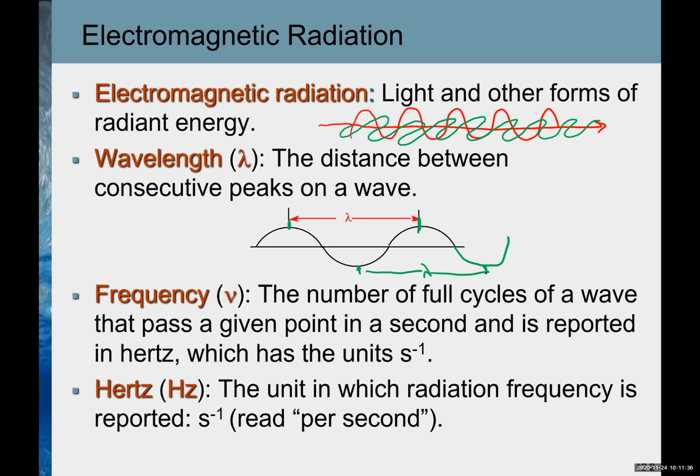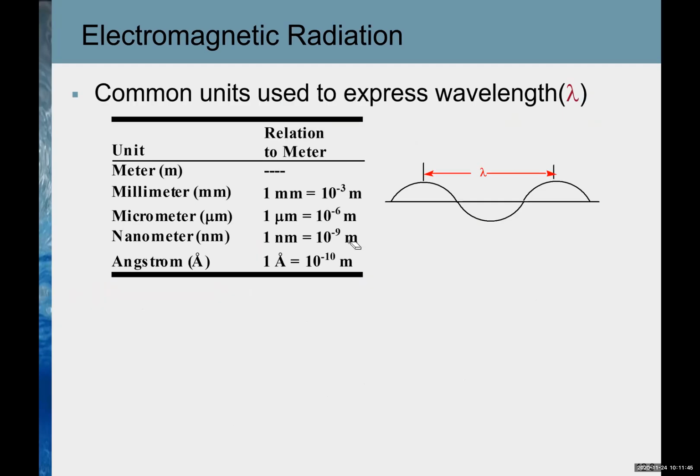For the entire electromagnetic spectrum, this is just an example. I don't have the entire spectrum picture, but I'll give you an example. Depending on the wavelength, the shortest wavelength belongs to a category of radiation called gamma rays.